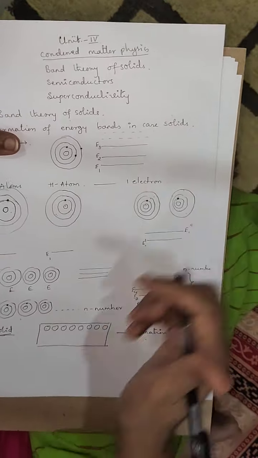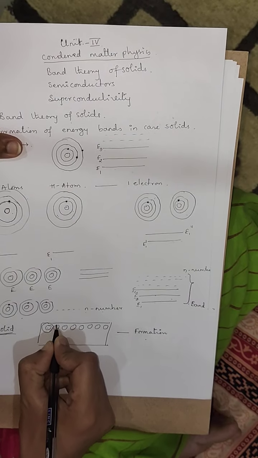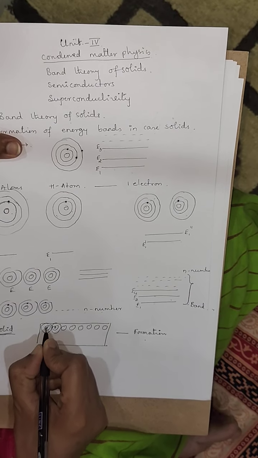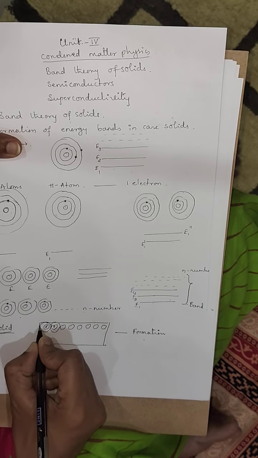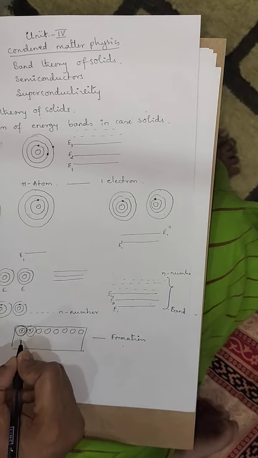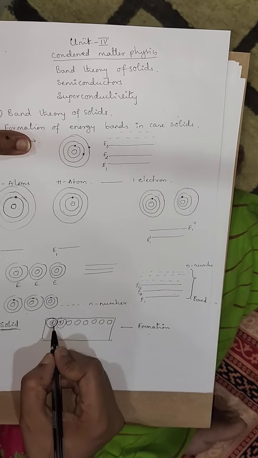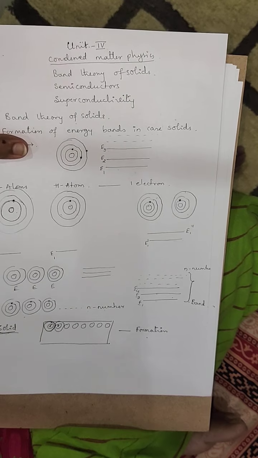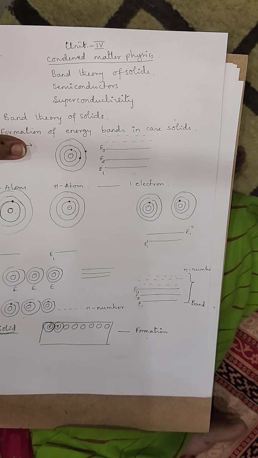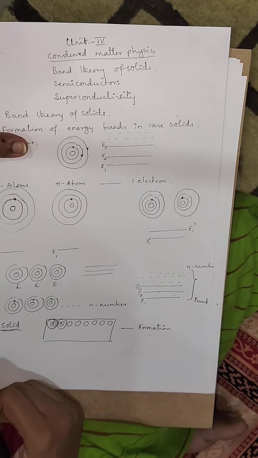If the atoms in case of a solid are something like this, the electrons in the outermost orbits are in what are known as valence orbits, and the energy corresponding to these orbits is the valence electron energy.